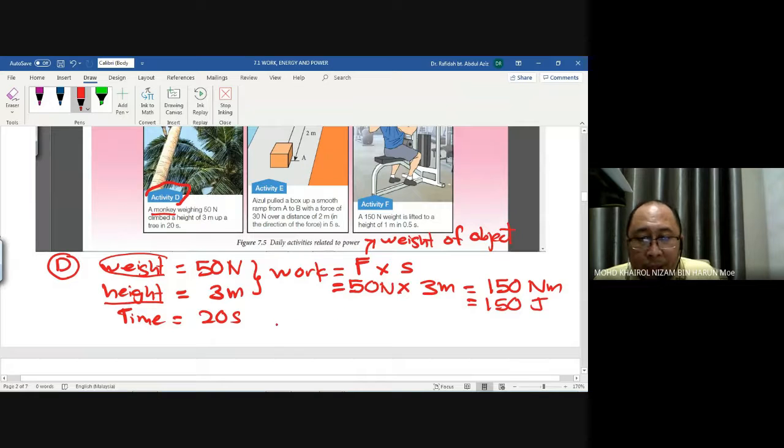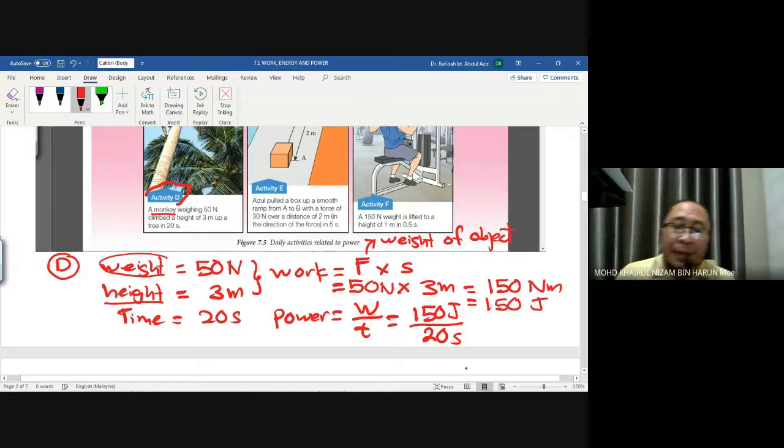Power is work done divided by time. Work done is 150 joule, divided by time, 20 seconds.